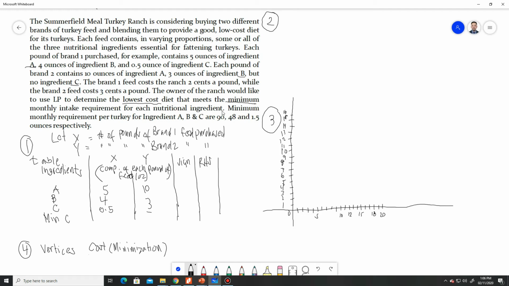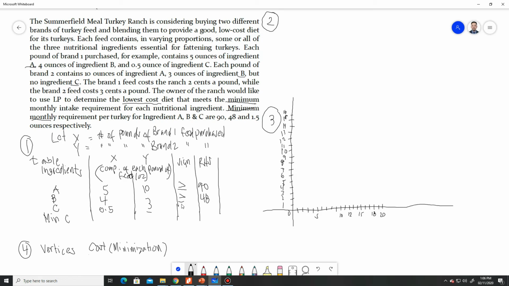Okay, the minimum monthly requirement per turkey for ingredient A. So when we say minimum monthly requirement, the sign will be greater than or equal. For A it is 90 ounces. For ingredient B, it's 48 ounces.